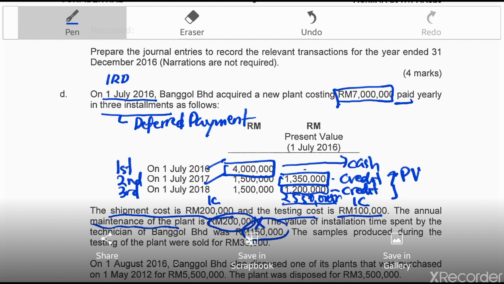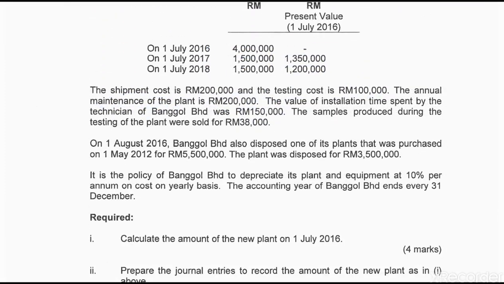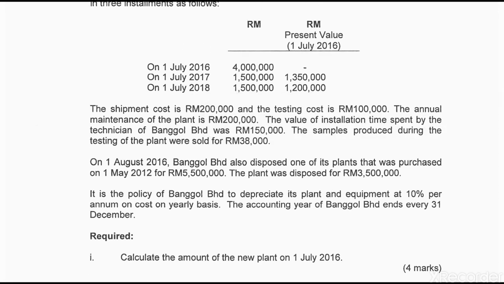Okay, so let's try and look at the calculation of initial cost first, because this question asks you to calculate the amount of the new plant. So when you have the amount of the new plant, it refers to the initial cost.